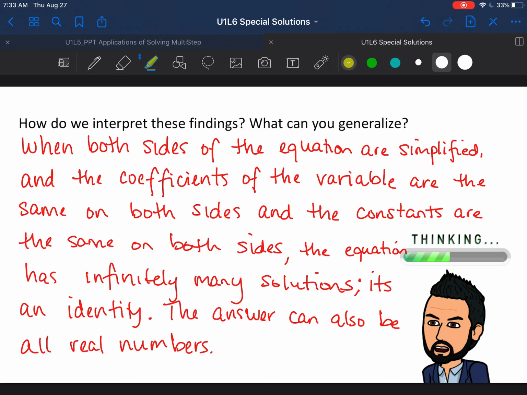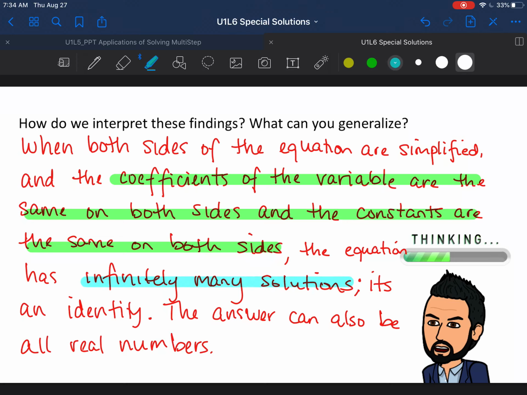So if we were to break this down, basically what this means is that if the equation, once simplified, has the coefficients of the variable and the constants the same, so basically I'm saying if the equation is the same on the left and the right, then the equation has infinitely many solutions. There are too many solutions for us to even count.